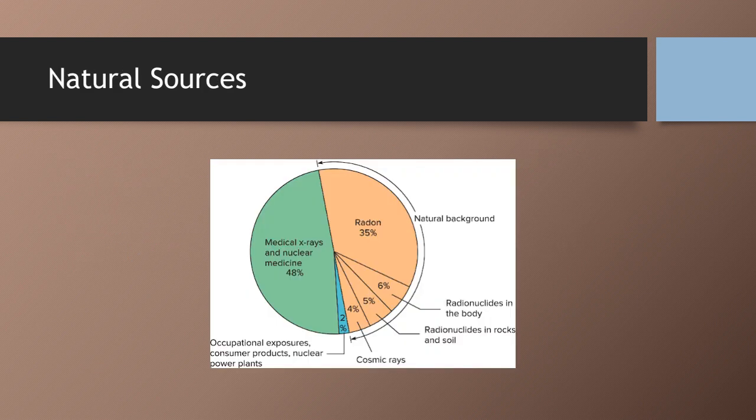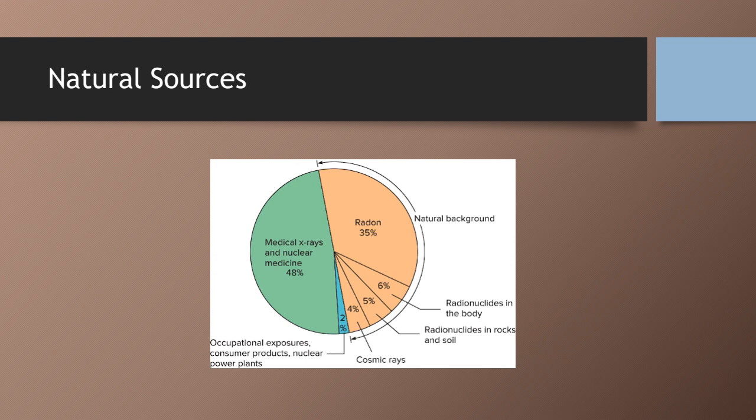Now, most of the radiation that you're exposed to is part of this natural background. Things come from cosmic rays, which is essentially high energy particles from the sun. You have nuclides in rocks, in the soil and in the air. There's still some radiation left over from the nuclear tests of the 50s and 60s.